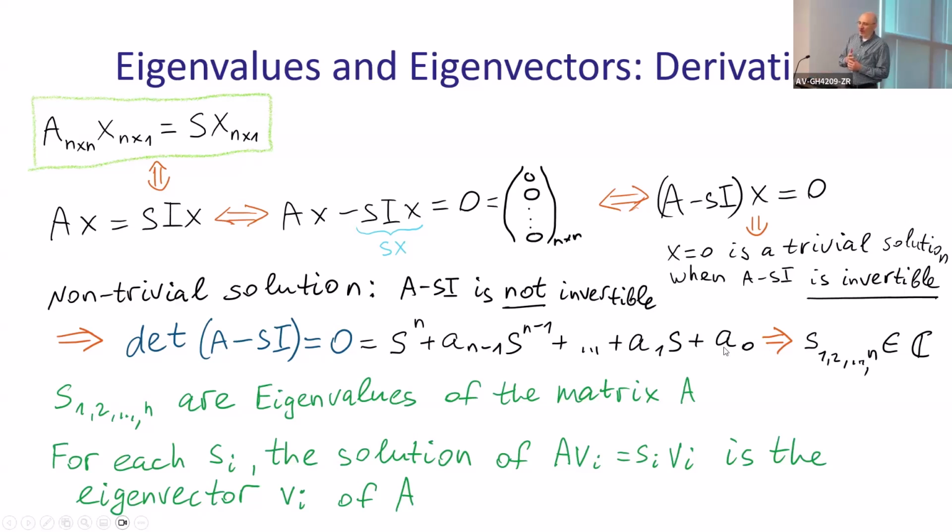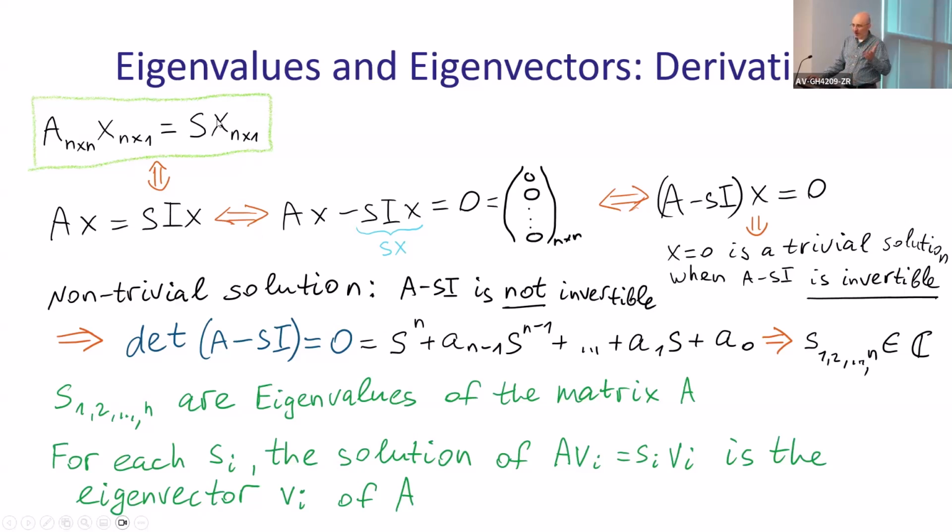And a polynomial of order n, or degree n, always has n complex roots. These n complex roots will be your n complex eigenvalues. So all of the solutions of that polynomial equals 0 will be your eigenvalues. That's how you compute them. Now, given that you have an eigenvalue, for each eigenvalue, you can put it back into that system of equations.